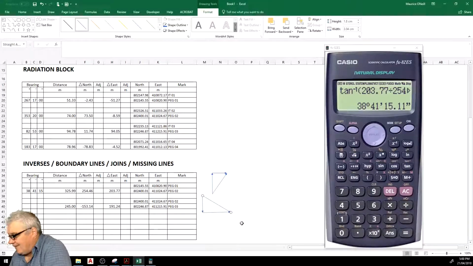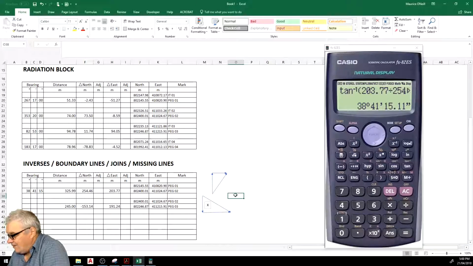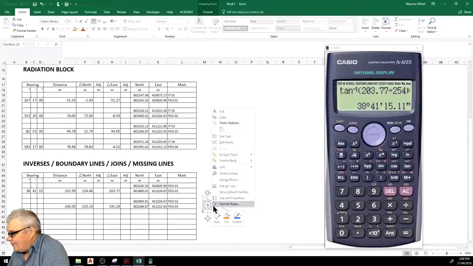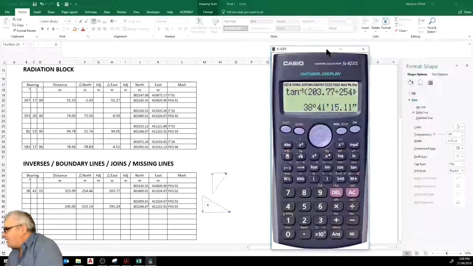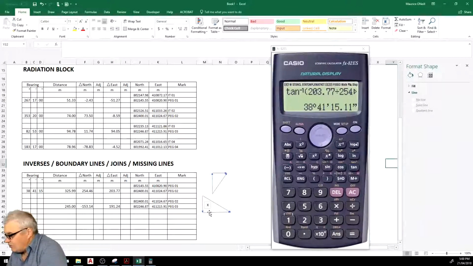Okay. Now our tan, we can calculate this angle here. I'll just put a little text box in there and I'll just call that X like that there. I'll just click on that. I don't like those boxes around things. And we'll format the shape. Calculator out of the way. No line. Oops, that didn't go so well.